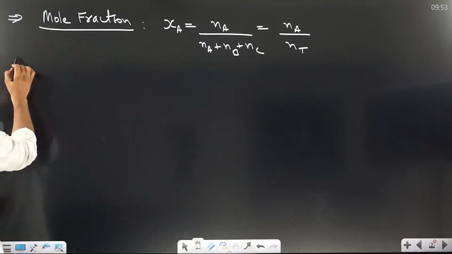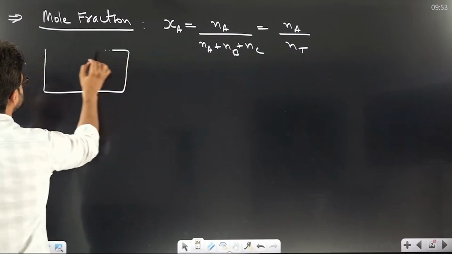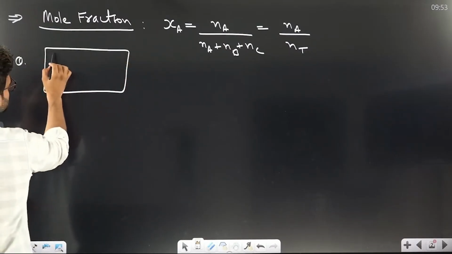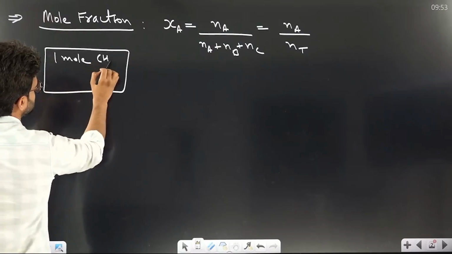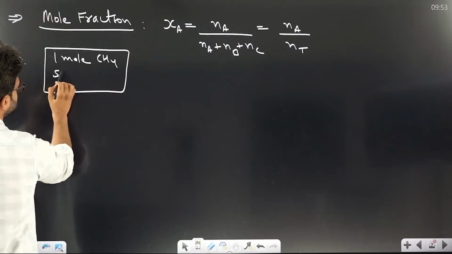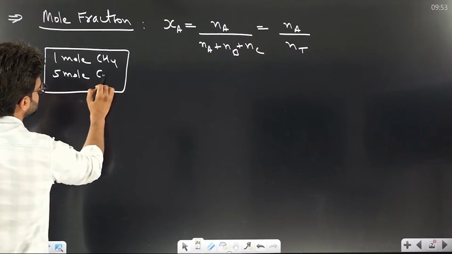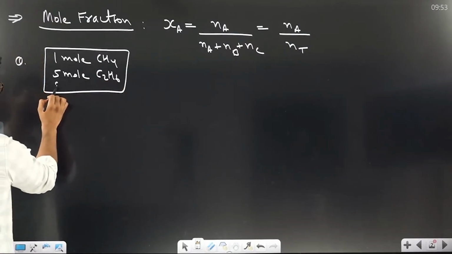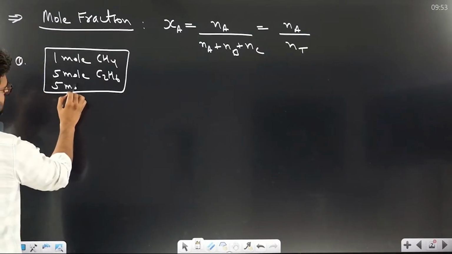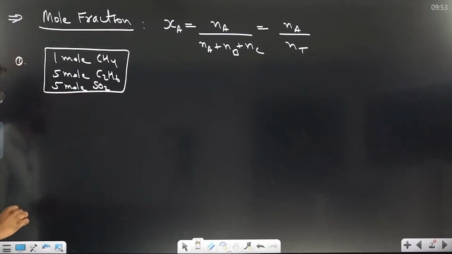So one question I am giving once again here, the easier one. Please tell me, if I have here 1 mole of CH4 gas, 5 mole of C2H6, ethane gas, and 5 moles of, assume, SO2 gas, right?